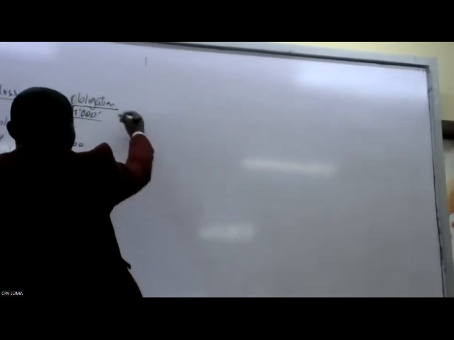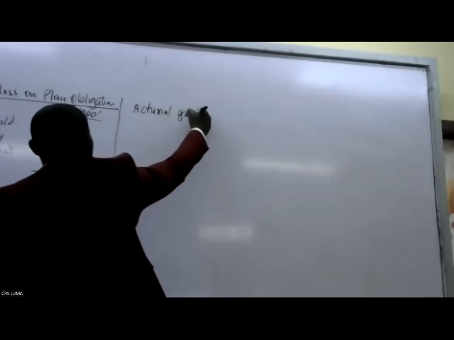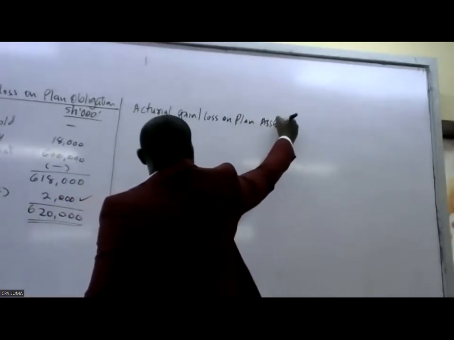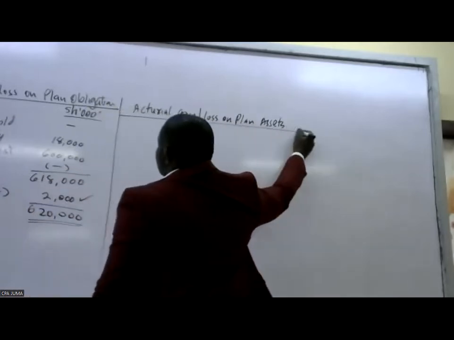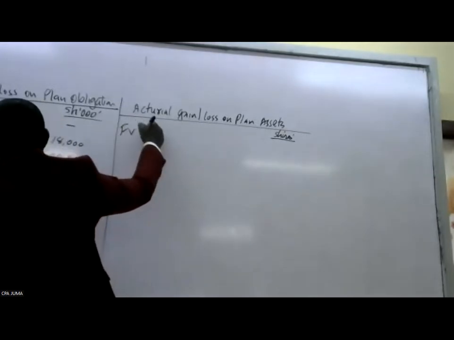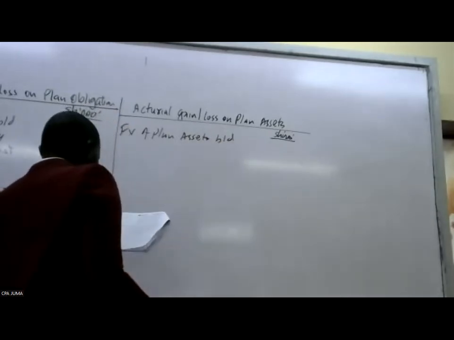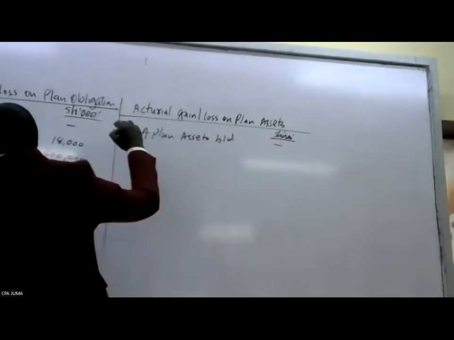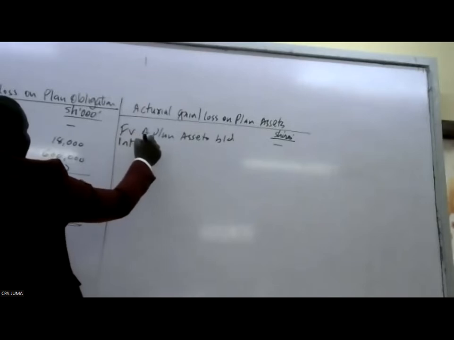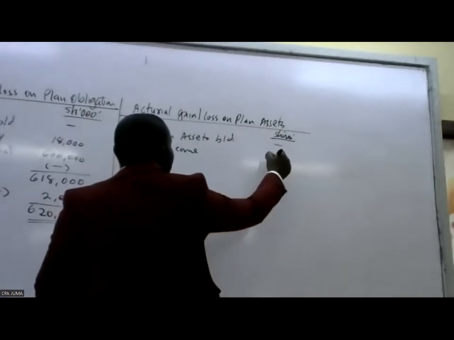All right. So we go for actuarial gain or loss on plan assets. On plan assets, fair value of plan assets: there is nothing like that. But there was interest income on plan assets. So interest income, 16,500.